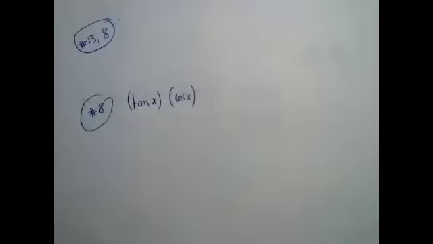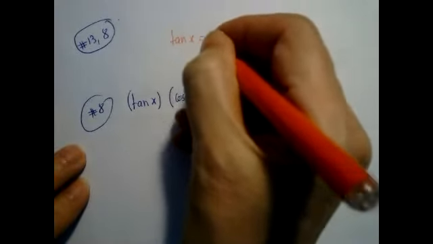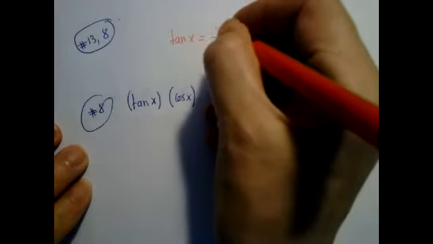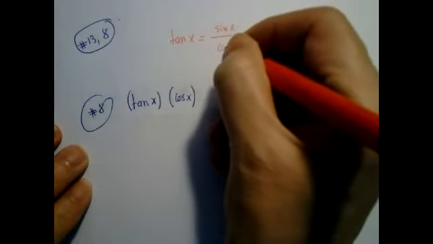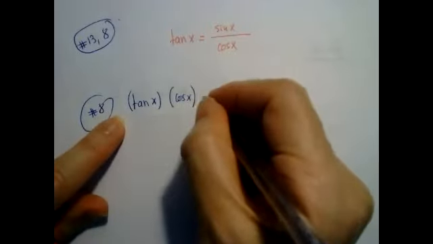So the goal of this problem is really to practice all our definitions. Let us remember, what's the tangent? Sine over cosine. Now we're going to substitute the tangent by its value.